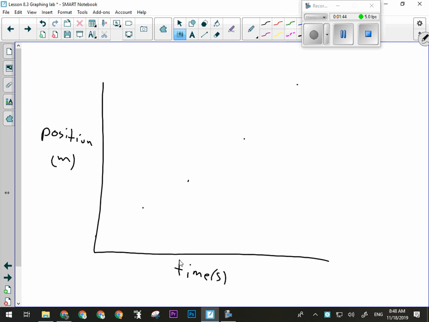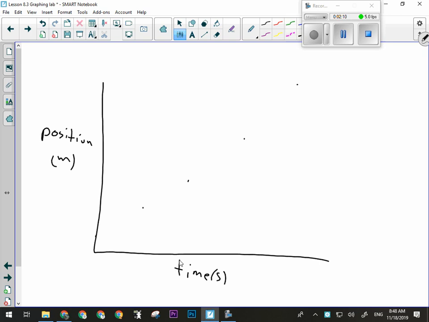Now, the points are never going to be perfectly in a line, but generally it's going to have that pattern. Okay? Now, why does it have that pattern? It's going at a constant speed. What does it do every second? Move what? The same amount. Okay? That's what we have to understand about an object traveling at a constant speed if we want to know the relationship between position and time.